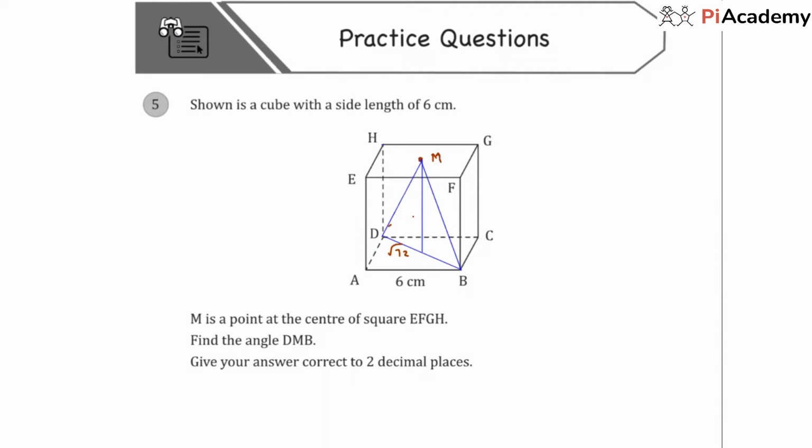So from M down is 6, right? Yes. You're asked to find this angle. So if this is 6, and that is root 72 divided by 2, I don't know what.